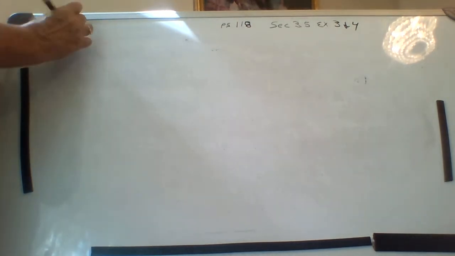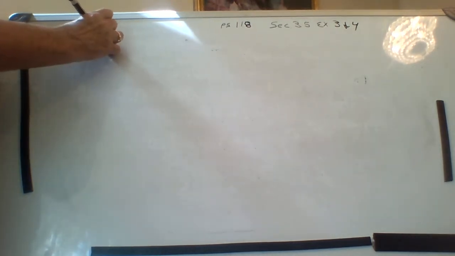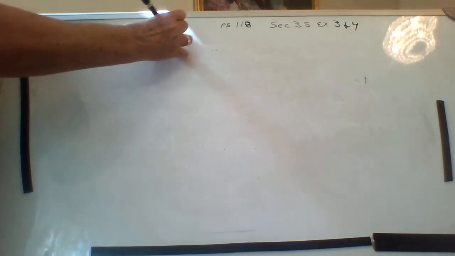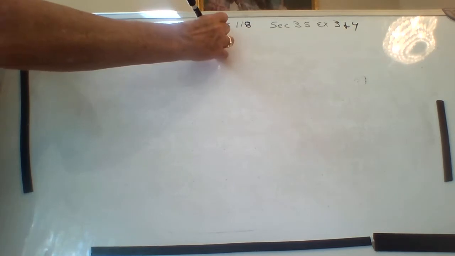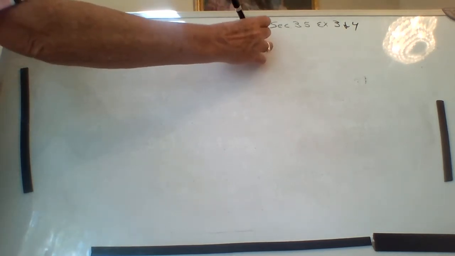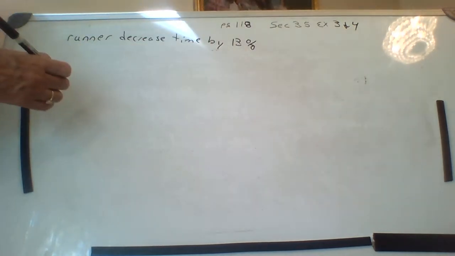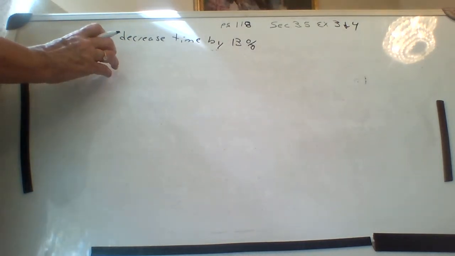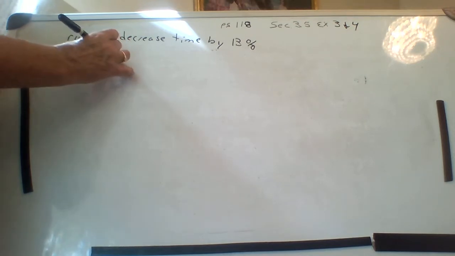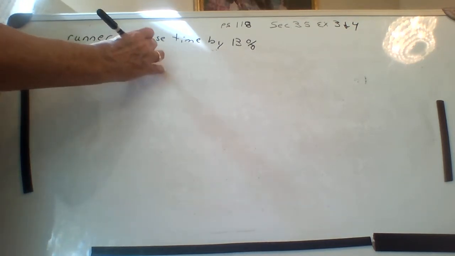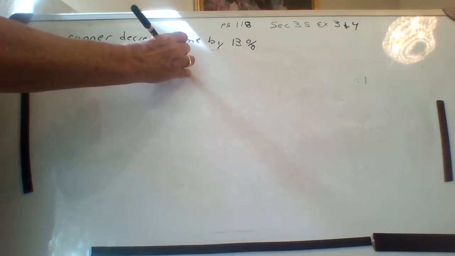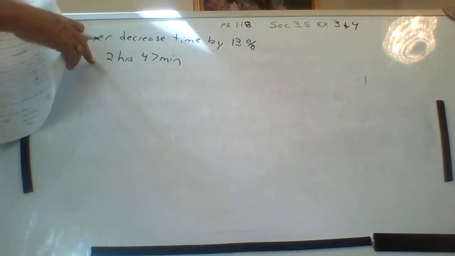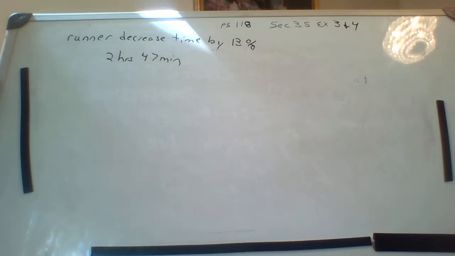So the runner decreased his time by 13% to a time of 2 hours and 47 minutes. So now, does this time represent his new time, or does that time represent his old time?